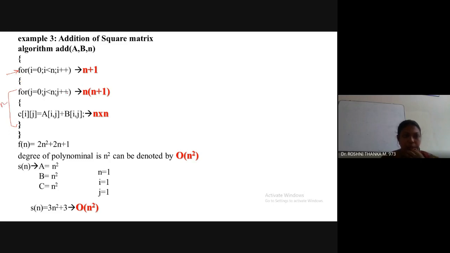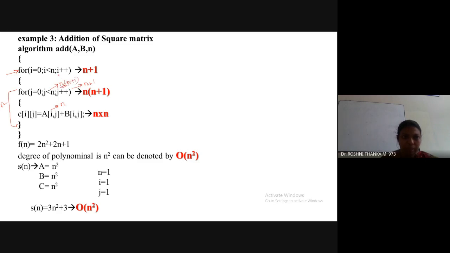Let us come to this for loop. It will also execute for n plus 1 times. Since the inner for loop is the body of the outer for loop, this loop would run for n times, and this statement would also run for n times. Then this for loop will be executed for n into n plus 1 times.